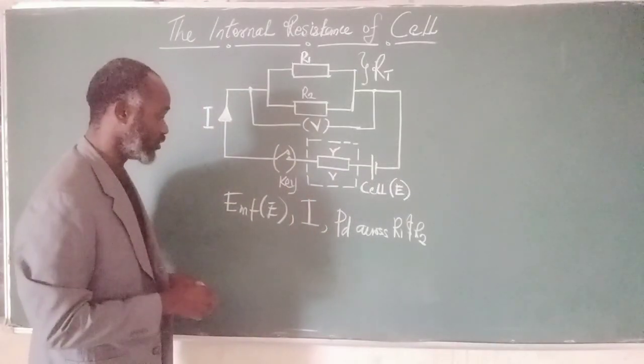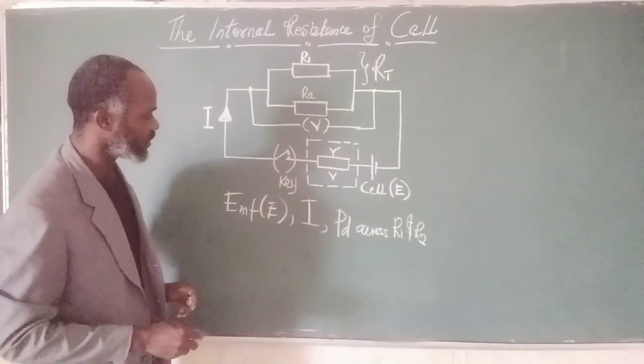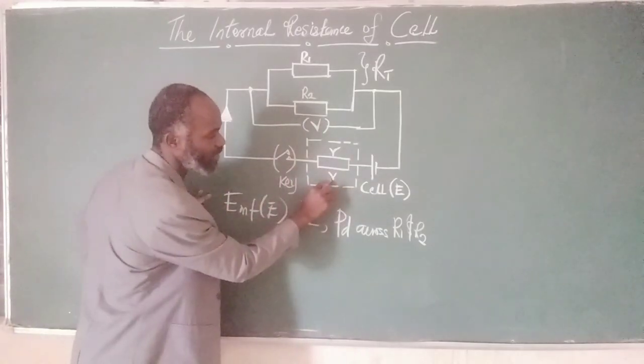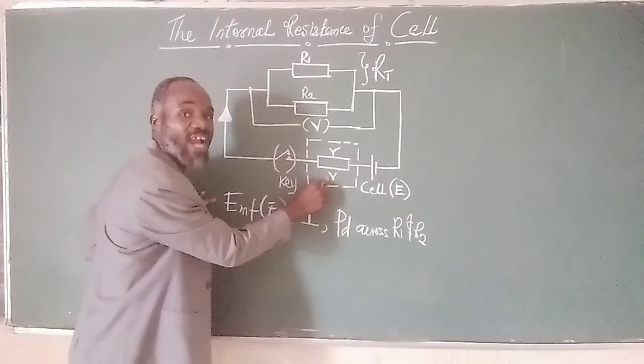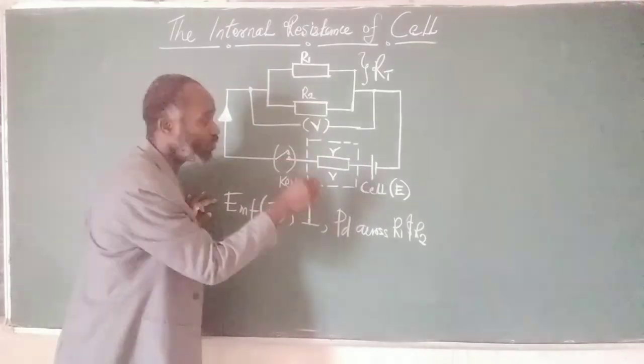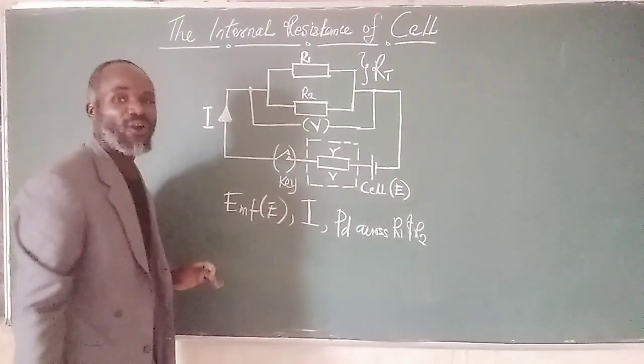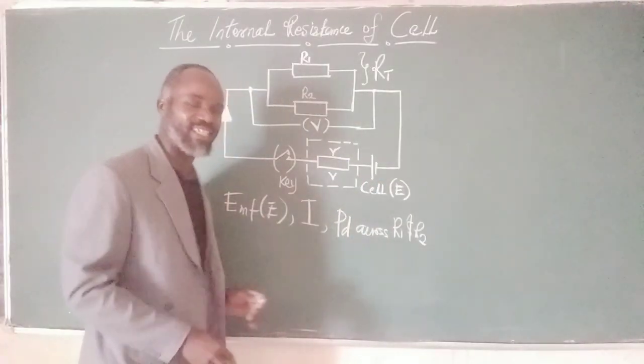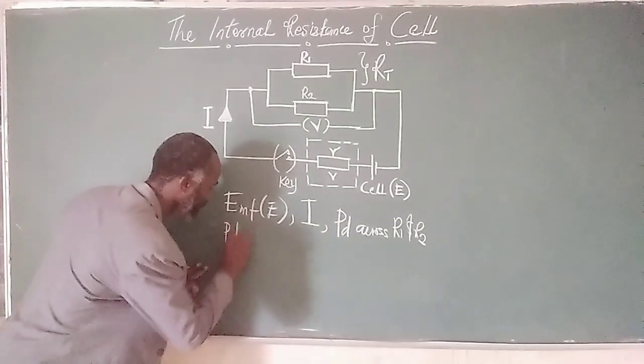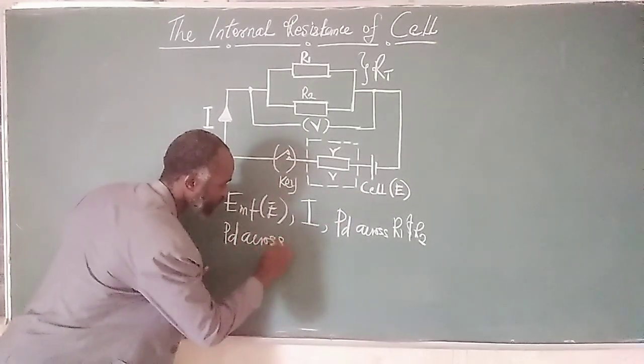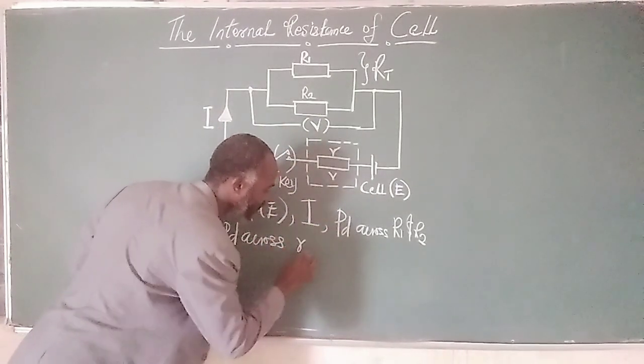So that's what we're going to do. The other thing we need to understand is potential difference. Look at it, there is a potential drop across the internal resistance of the cell. Of course, this cell will be affected.